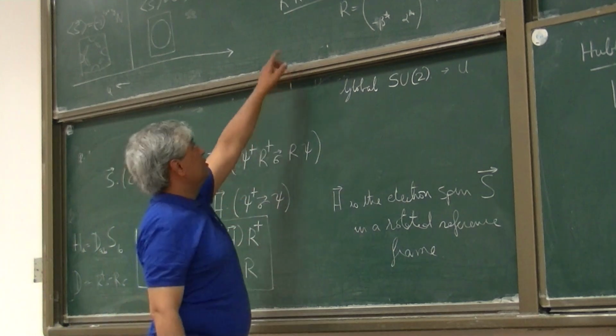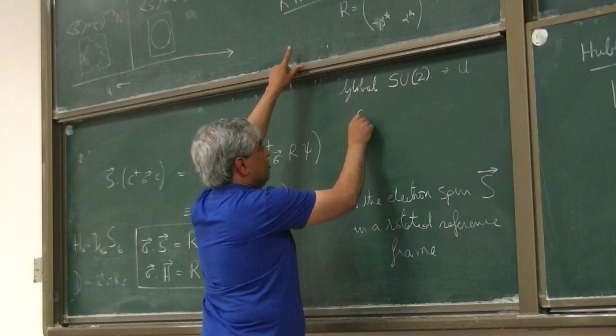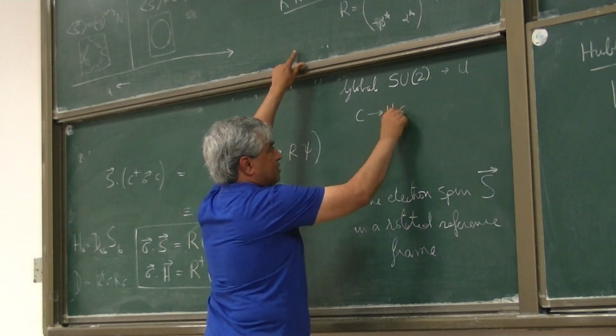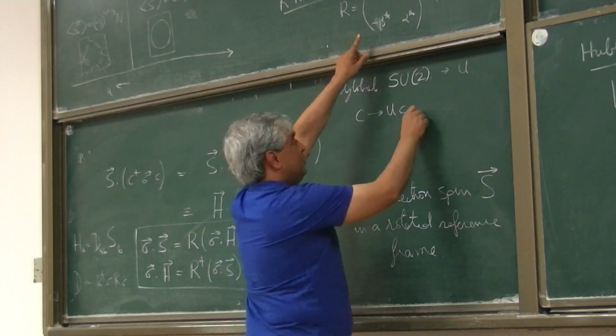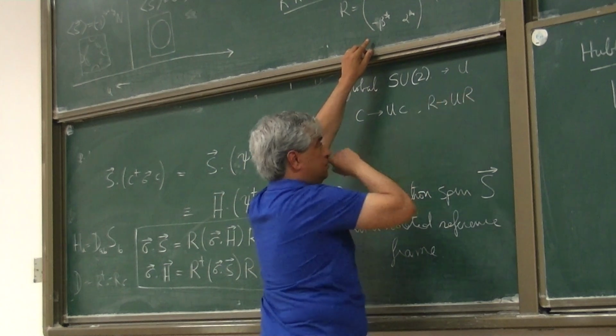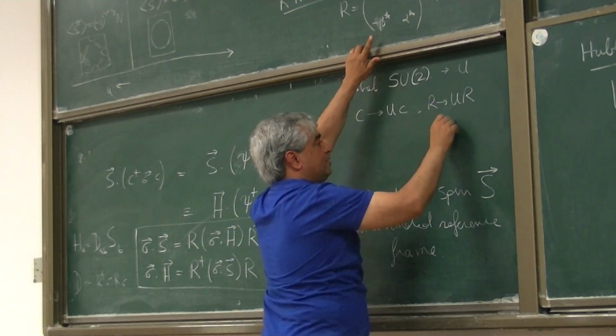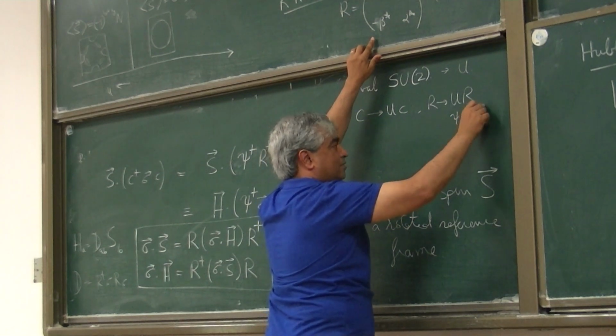And then what happens under the global rotation? Well, C goes to U times C. And so you notice from here that R goes to U times R. And then from that, psi goes to psi, it doesn't change.